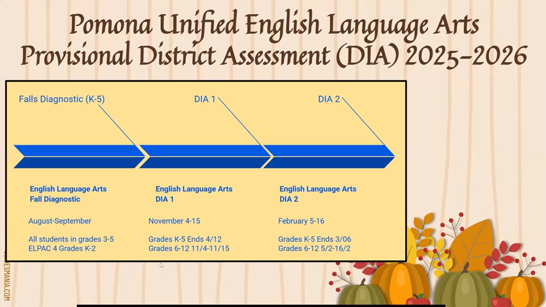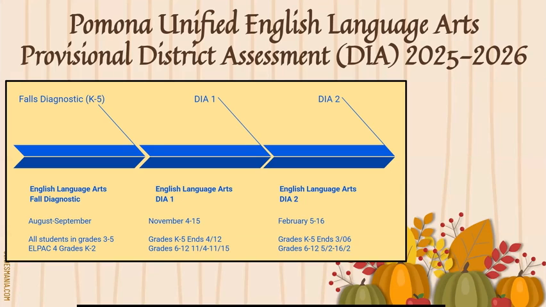This is given in the month of February, and if you notice there at the bottom, it does have specific dates when this is given. So this is that second part of that reclassification skills assessment that we were talking about earlier.